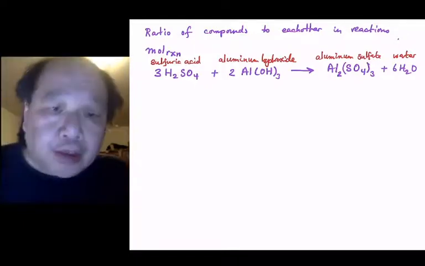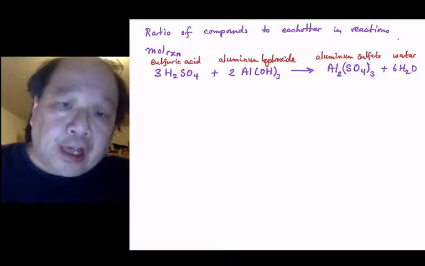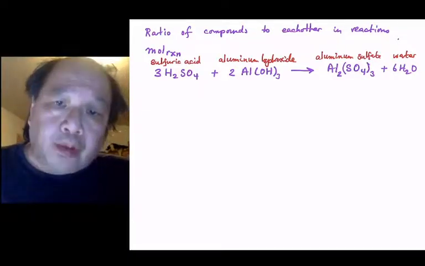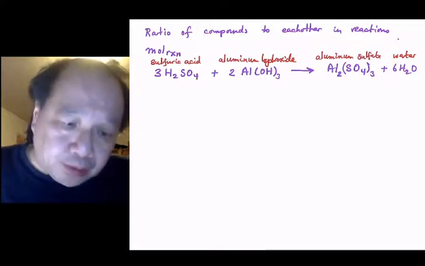Okay. So for this reaction, a reaction is a recipe. 3 sulfuric acid molecules are required to react with 2 aluminum hydroxide molecules.